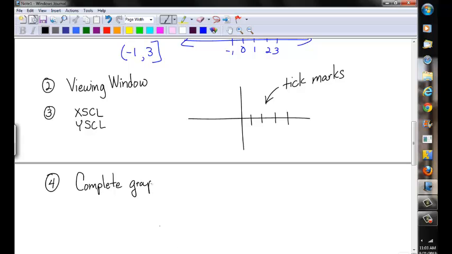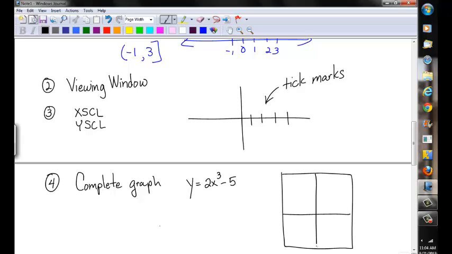Let's say I give you the graph y equals 2x cubed minus 5, and I'm in Zoom Standard. In Zoom Standard, I'm getting something like this for my picture. Number one, is that a complete graph?